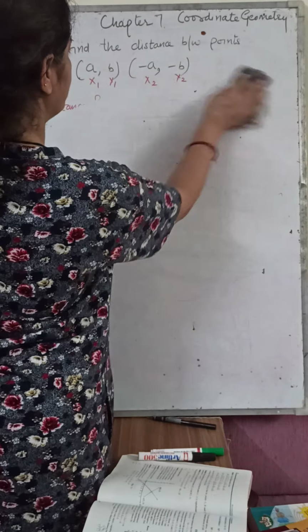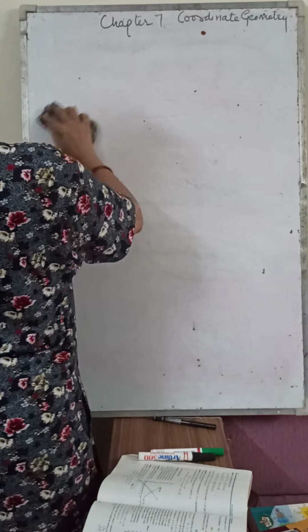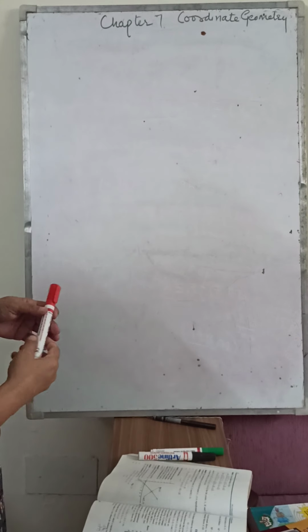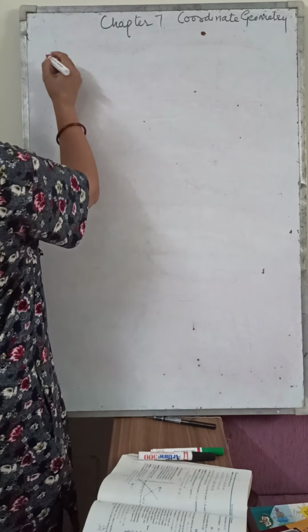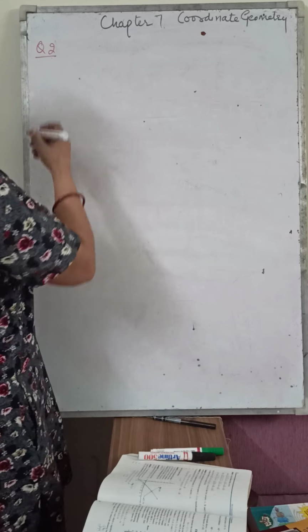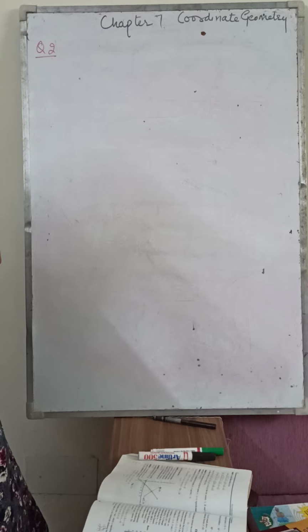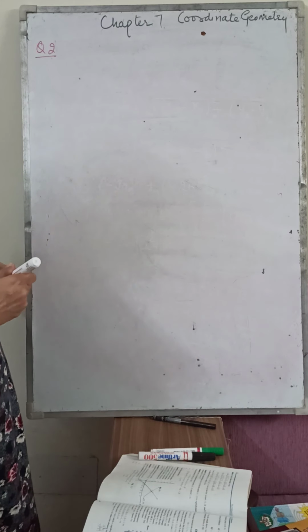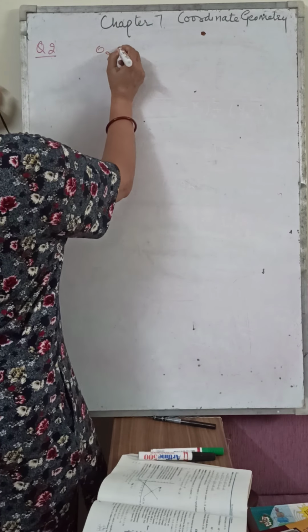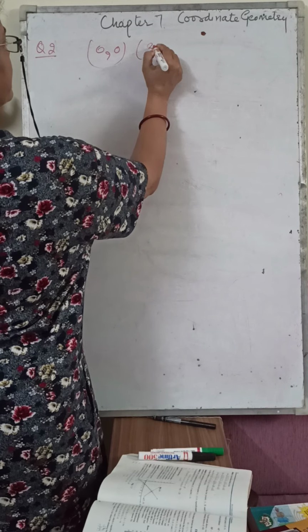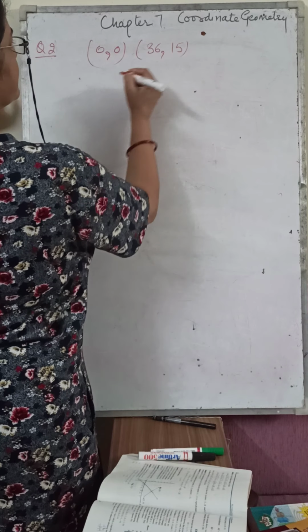Now come to question number 2. Find the distance between the points (0, 0) and (36, 15).